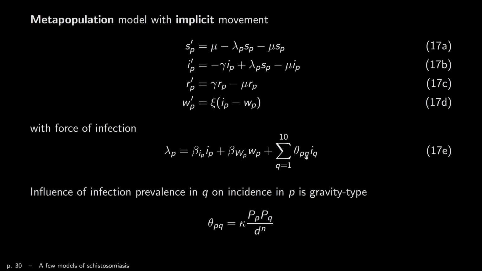And that theta is the influence of how much prevalence of cholera you have in the other locations. The effect diminishes with distance.